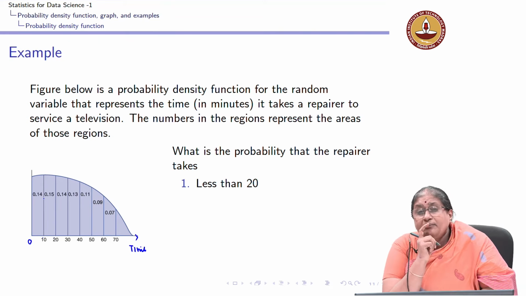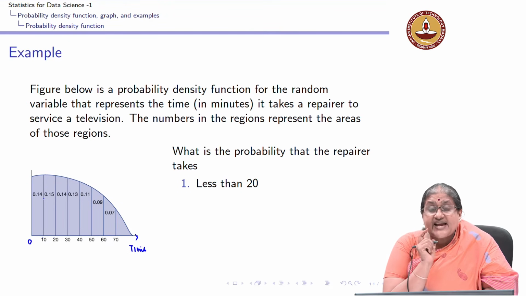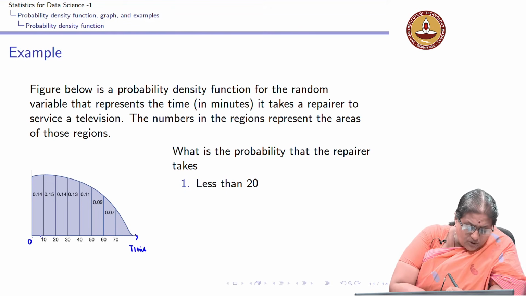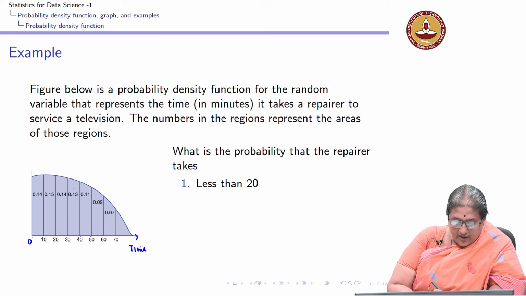Here you remember that I am not asking what is the chance it would take exactly 10 minutes; I do not define that, but I can say 0 to 10 minutes is 0.14, 10 to 20 minutes is 0.15, 20 to 30 minutes is 0.14, 30 to 40 minutes is 0.13, 40 to 50 minutes is 0.11, this is 0.09, this is 0.01. The entire thing should sum to 1.